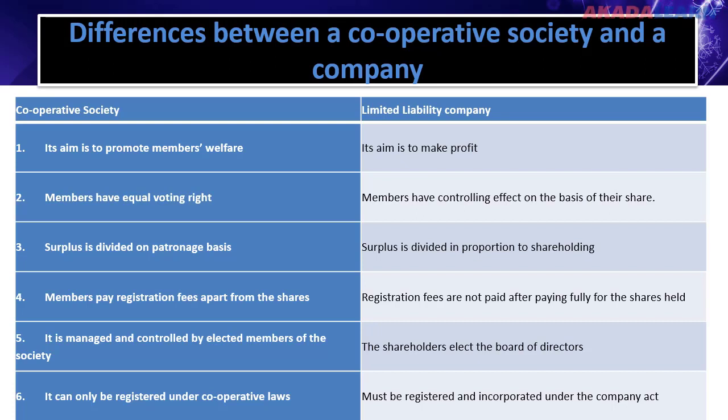And lastly, a cooperative society can only be registered under cooperative laws, while a company must be registered and incorporated under the Company and Allied Matters Act.